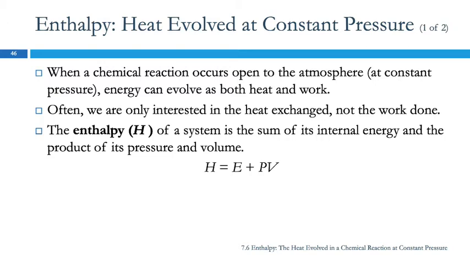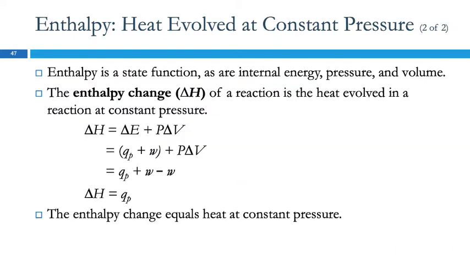So the enthalpy, which is given the symbol H, is the sum of the internal energy and the product of the pressure and the volume. So H is equal to the internal energy plus the pressure times the volume. Enthalpy is a state function, like internal energy, like pressure and volume.